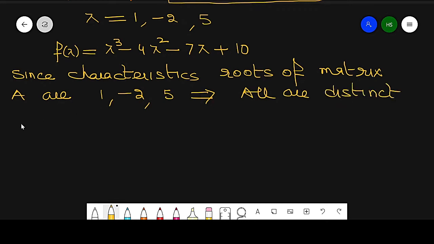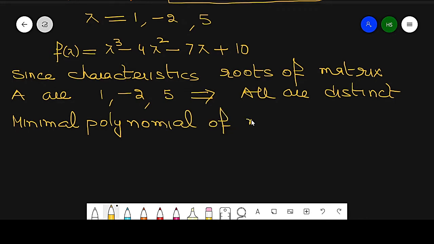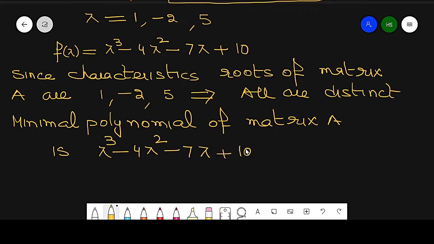If all are distinct, then the minimal polynomial of matrix A is λ³ - 4λ² - 7λ + 10.